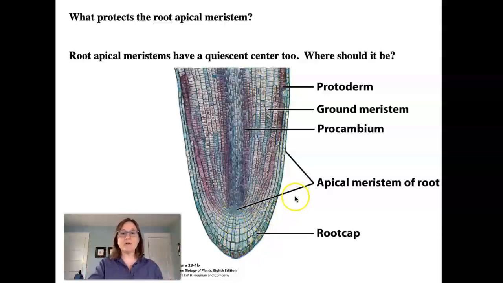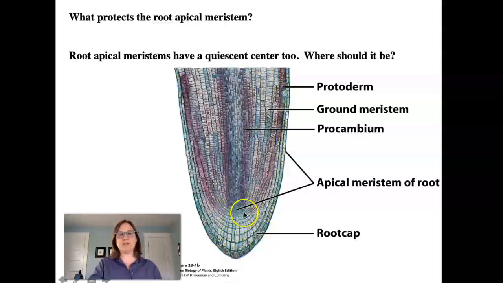But the root apical meristem is located a little bit further back behind what we call the root cap. So the root cap is located here, and it has thick cells that produce a material that allows the roots to grow through the soil, and it also protects the root apical meristem very effectively from abrasion and damage.